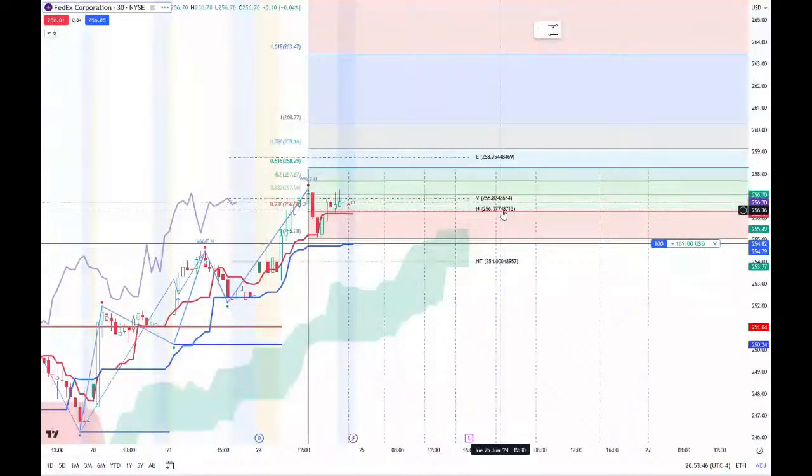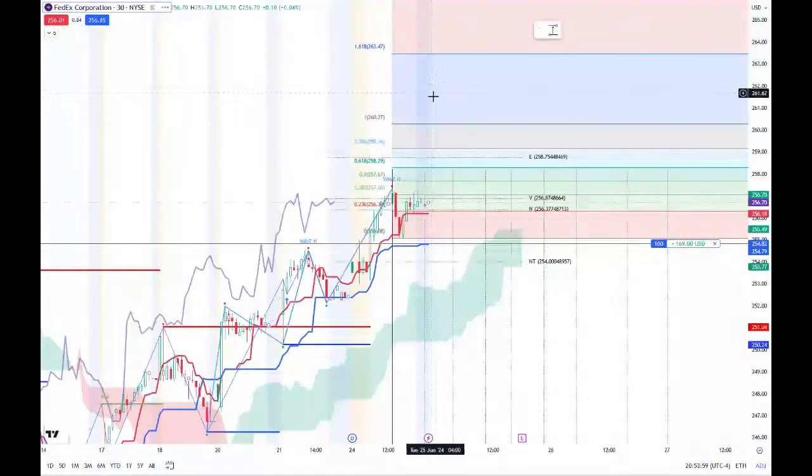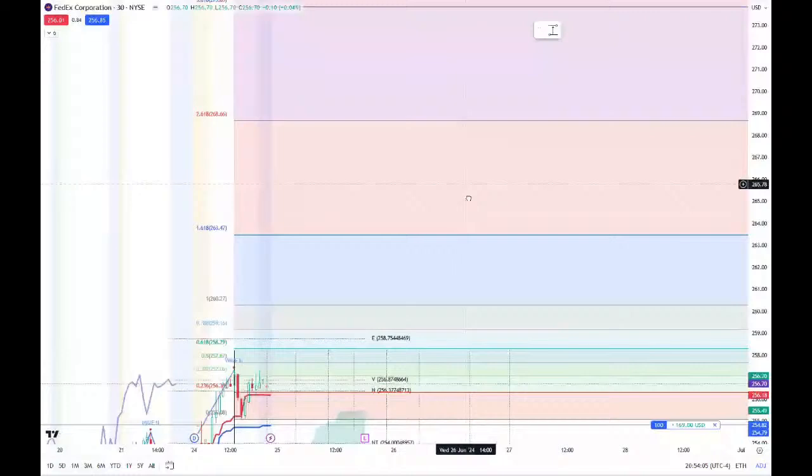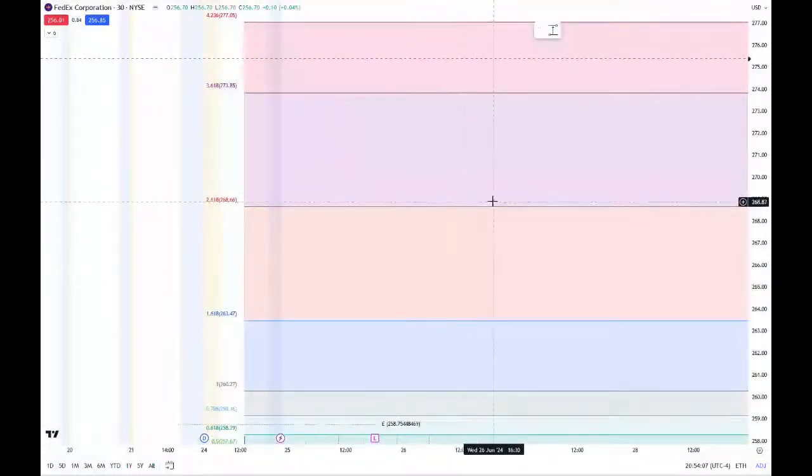So now I have 256 in N, 256 in V, 258 in E, but the Fibonacci jumps again here at this pivot at 260. So it can go up to 263 and probably more, to 268 or something.